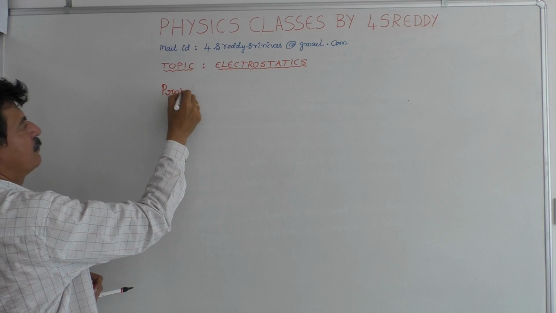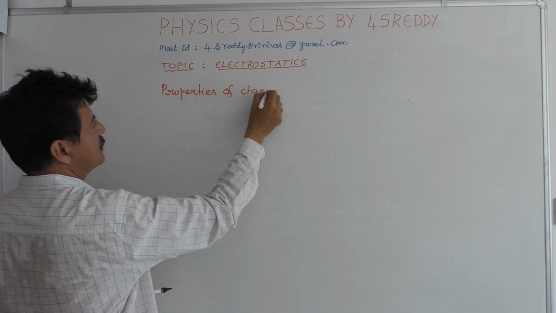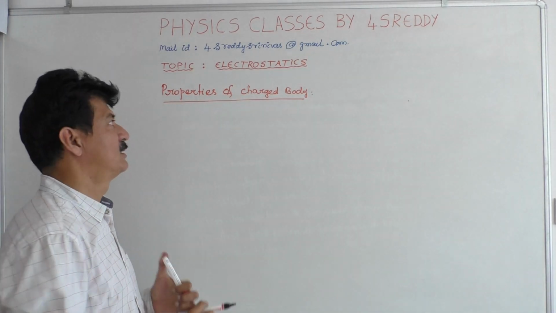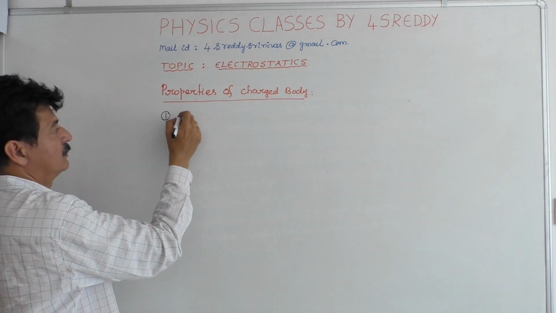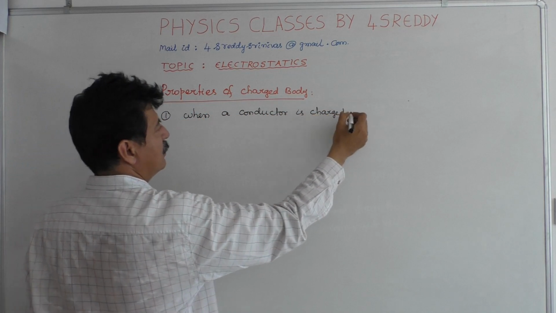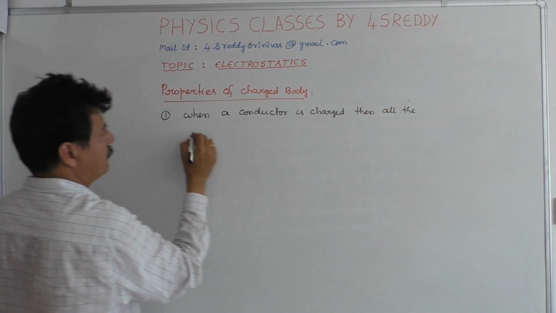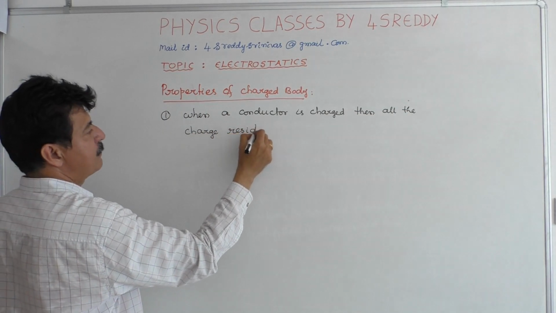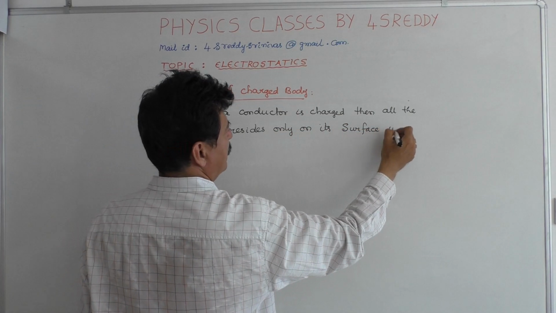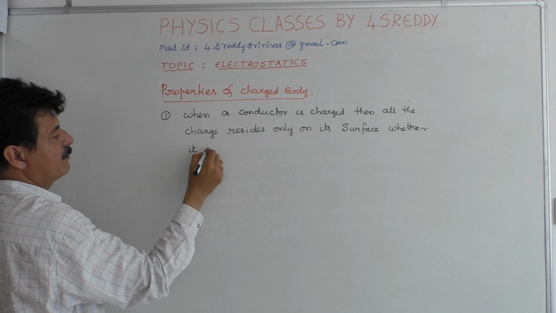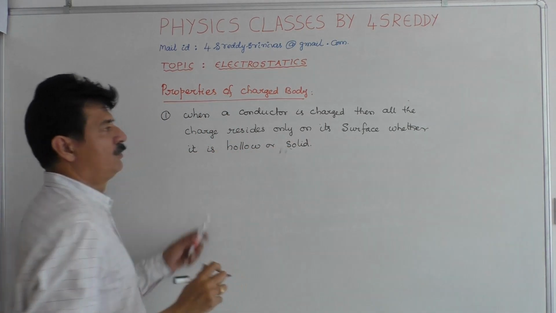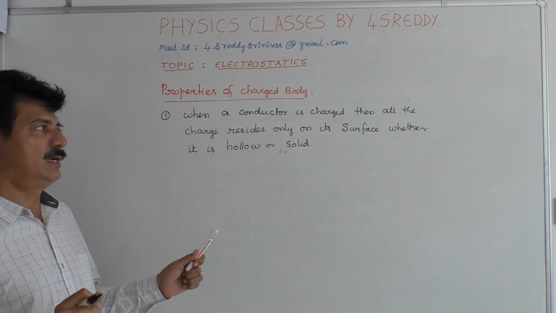properties of charged bodies. Regarding these properties of charged bodies, the first point is when a conductor is charged, then all the charge resides only on its surface, whether it is hollow or solid.